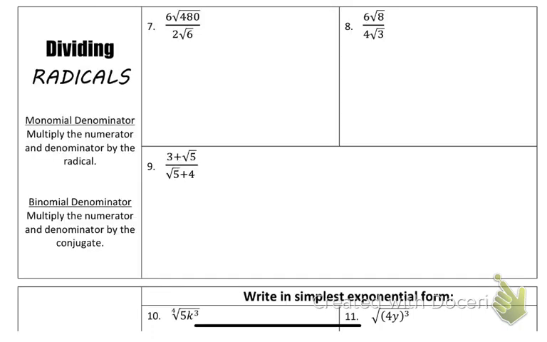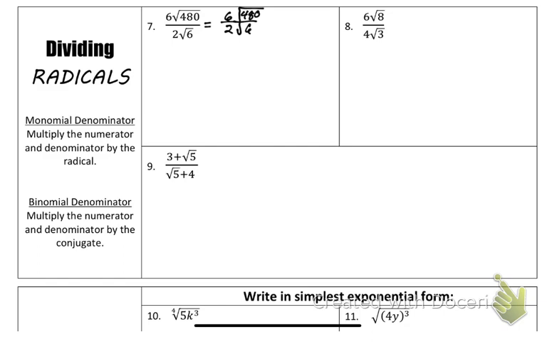That's important because in this case, I have 6 over 2 times 480 over 6. I'm going to turn this into one big radical symbol because 6 goes into 480. And we do have 2 different fractions. We have 6 over 2 times square root of 480 over 6.